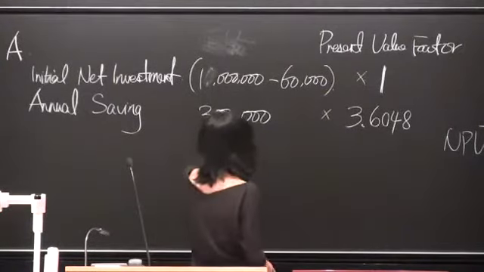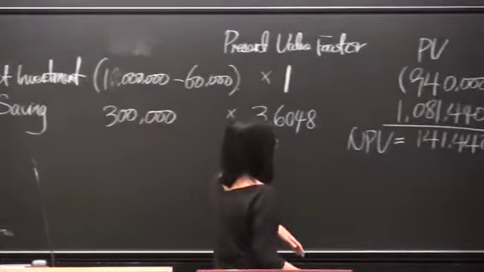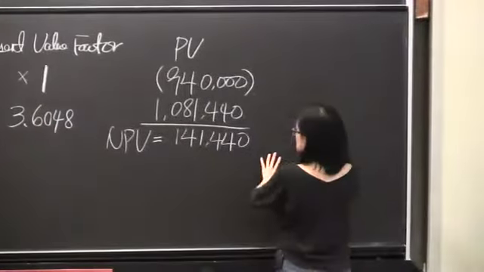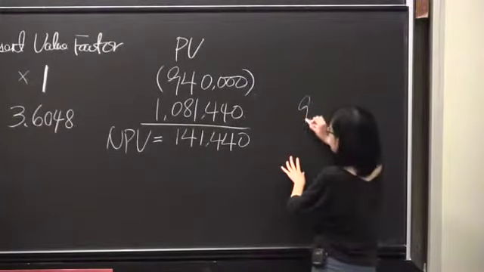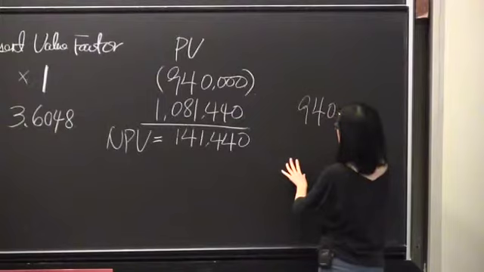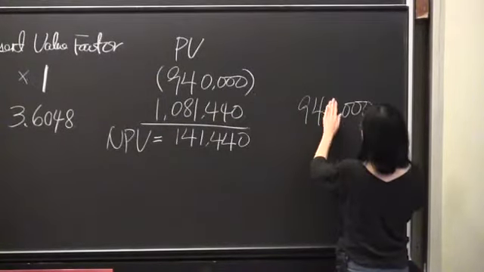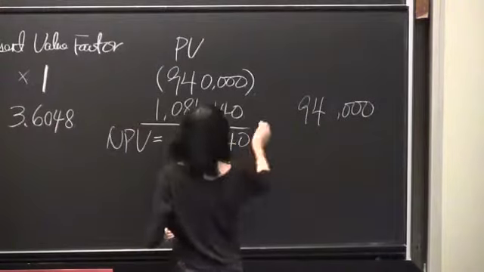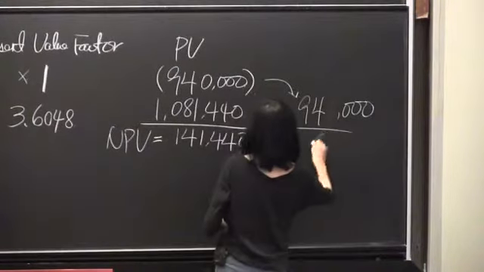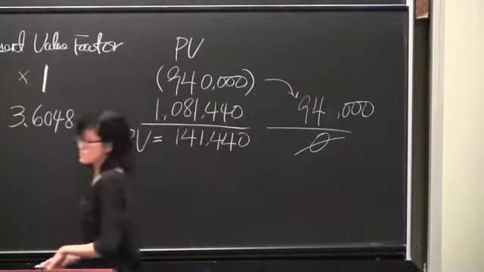So basically, if your NPV equals 0, it means that your annual saving needs to be this amount, right? Because if you add this together, it will give you 0.